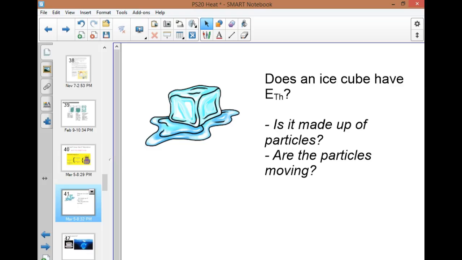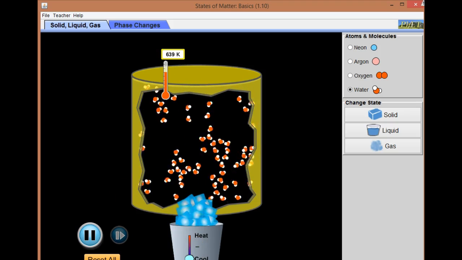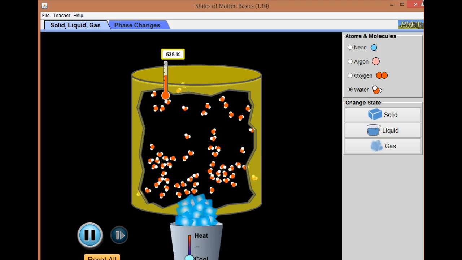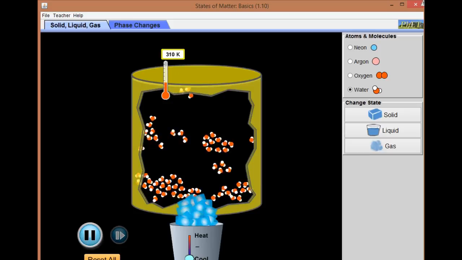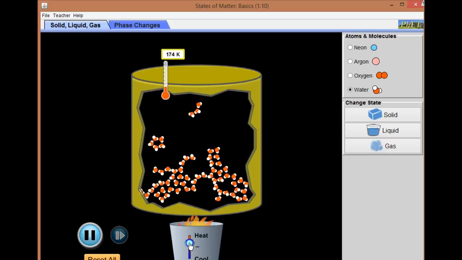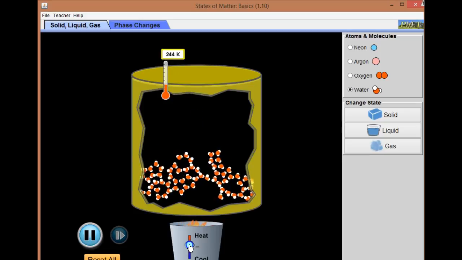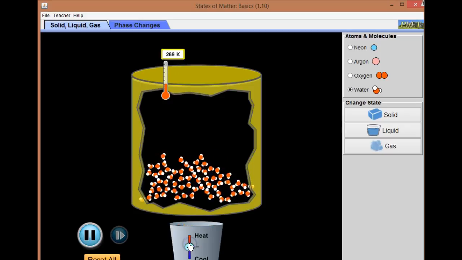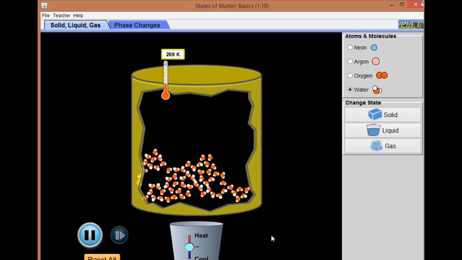Well, let's go back to this Java, and I'm going to cool this sample down. I'm going to bring it down to 273 Kelvin, which is equal to 0 degrees Celsius. Okay, so this would be water in a solid state.